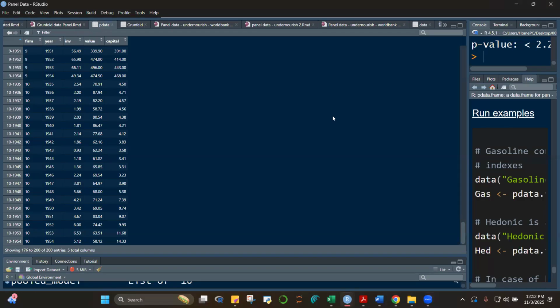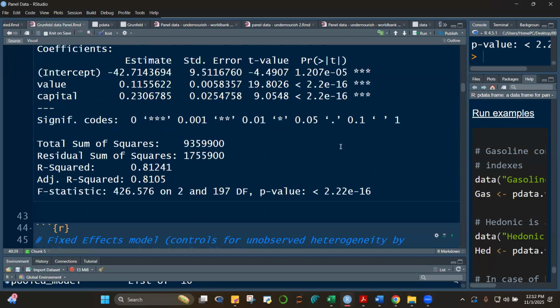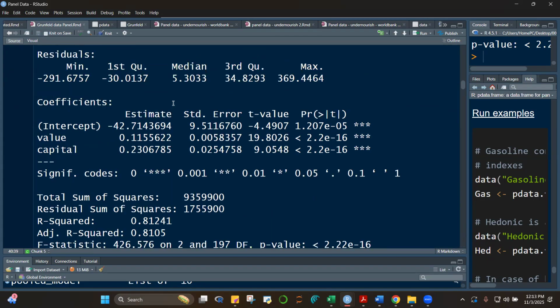Okay, all right. So now we can see, class, that the total sum of the squares is 935990. Residual sum of the squares is 17590. Adjusted R squared is 81%. It means that the model can explain 81% of the variation of the investment, which is the dependent variable.